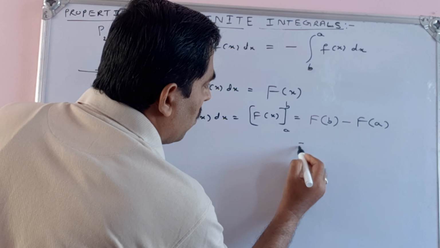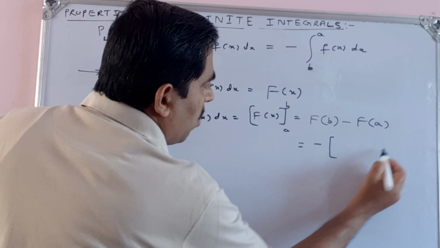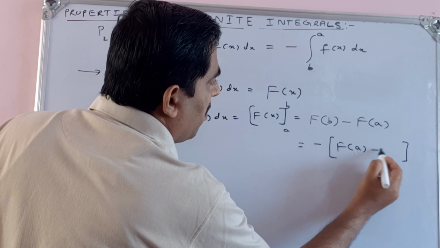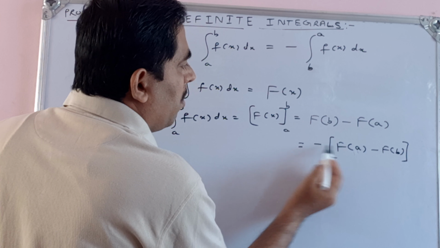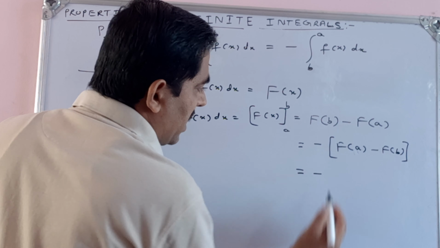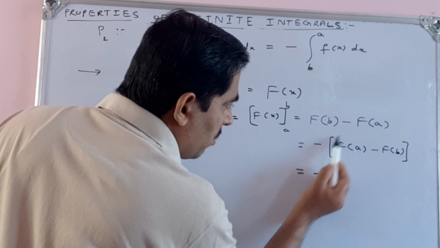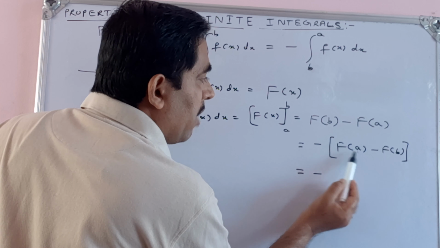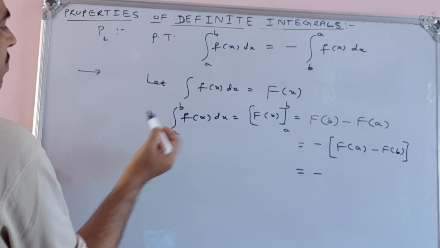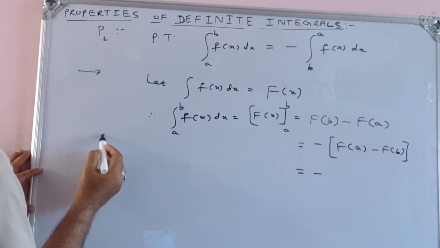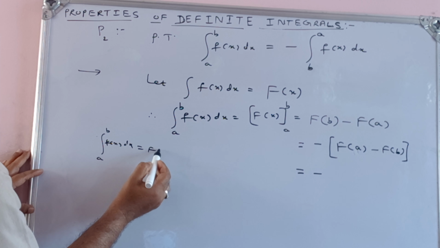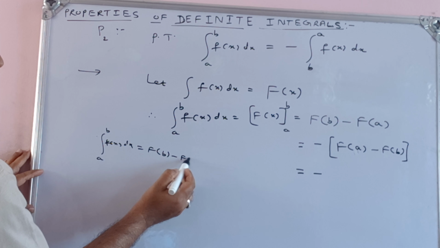Now from this I can take the minus outside, and write the same thing as minus of F of a minus F of b. I have taken minus outside, so minus into minus gives plus F of b. I will keep this minus as it is. Observe carefully the terms in the bracket: the value of the antiderivative at a minus the value of the antiderivative at b. By the fundamental theorem of integral calculus, a function from a to b is the value at the upper limit minus the value at the lower limit.